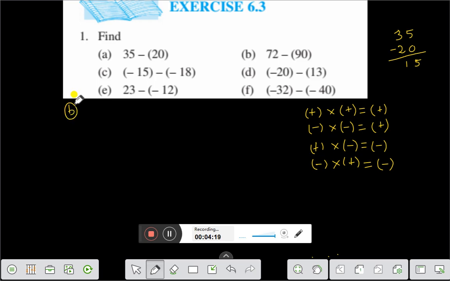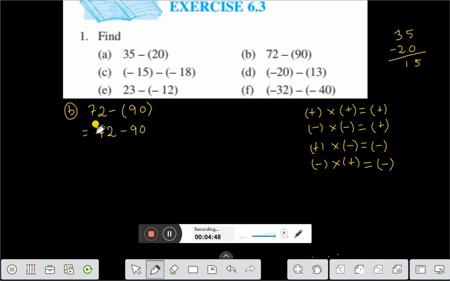It is 72 minus, in bracket, 90, right? Here you see, in the bracket there is no sign, that means it is plus. Minus into plus is minus, right? Therefore it is minus 90.